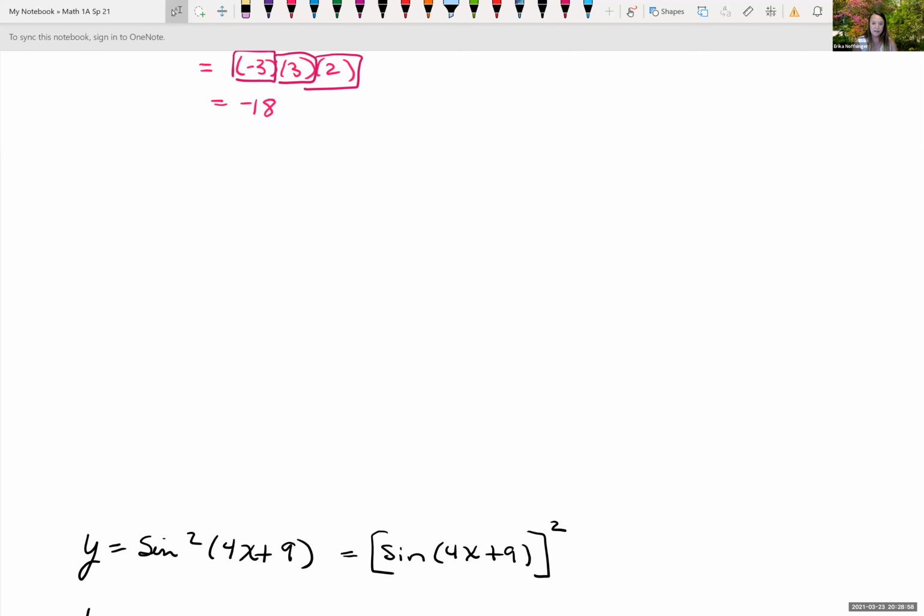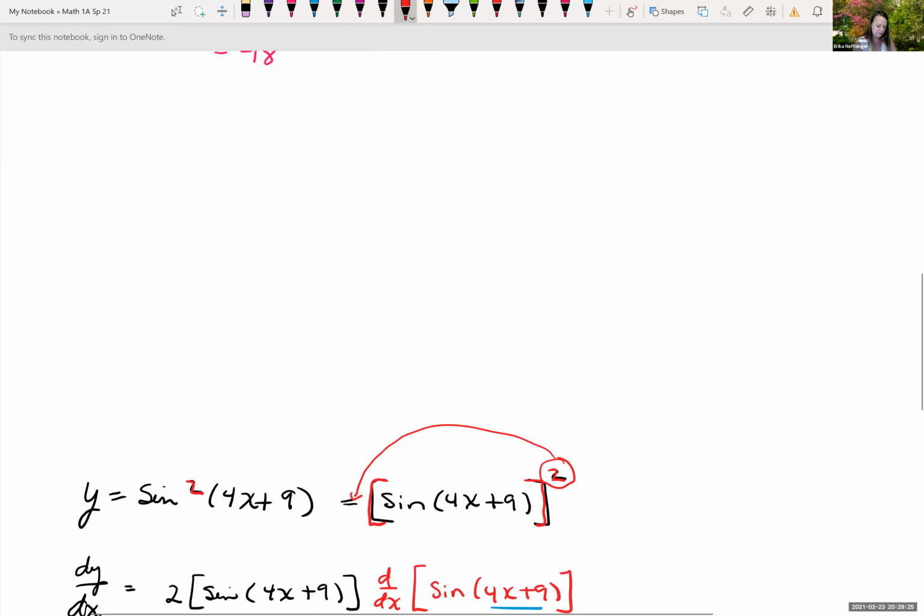Okay, so the example again was y equals sine squared of 4x plus 9, and it wanted us to find the second derivative. So the first thing that I did was rewrite this. The square here is the same thing as saying the sine of the function, quantity squared. And so from there, we can use the power rule, so our chain rule. We bring down the 2 in front.